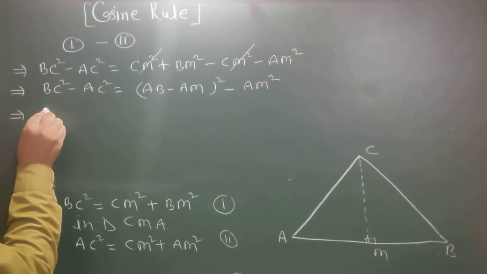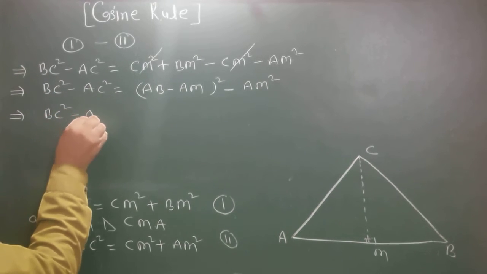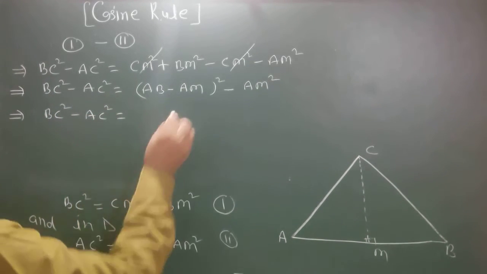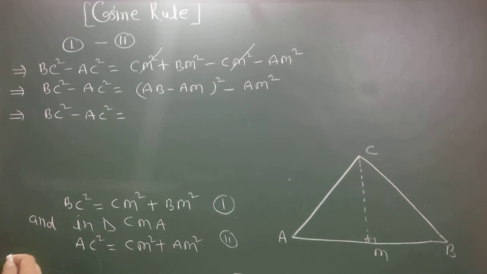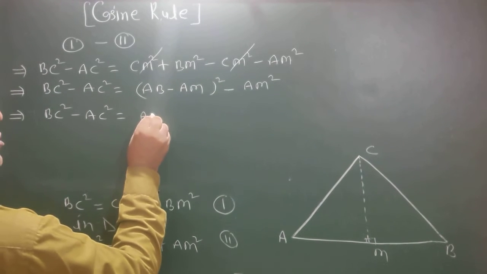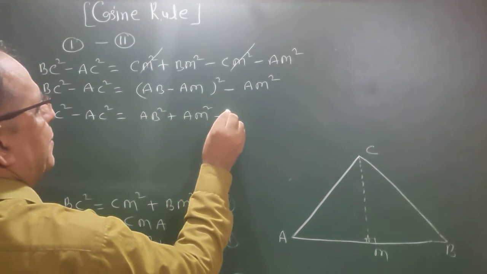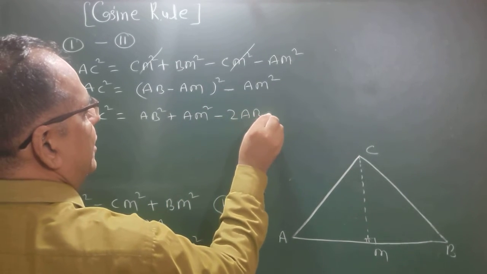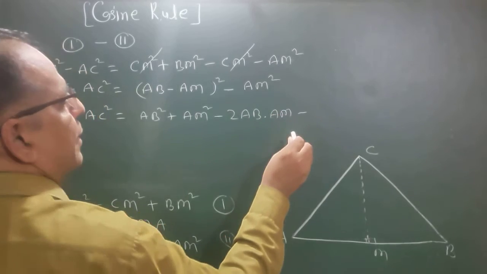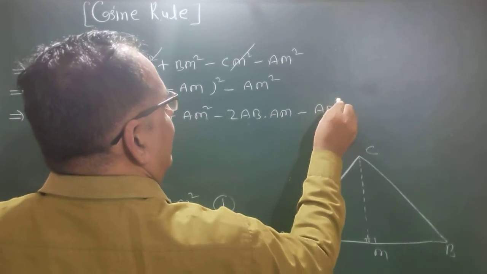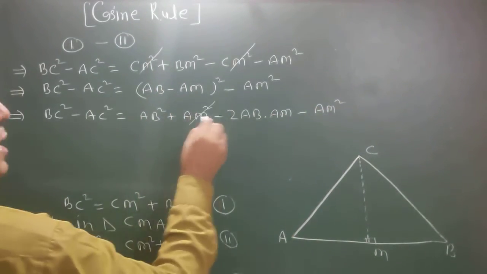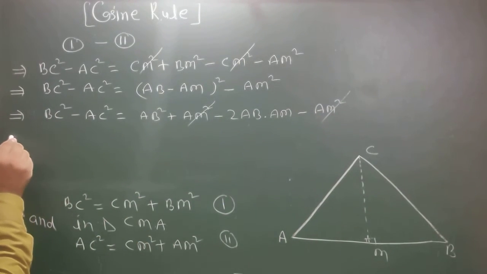Again, BC square minus AC square: open the bracket by using the identity (x minus y) whole square. So this becomes AB square plus AM square minus 2AB into AM minus AM square. So now AM square cancels out.